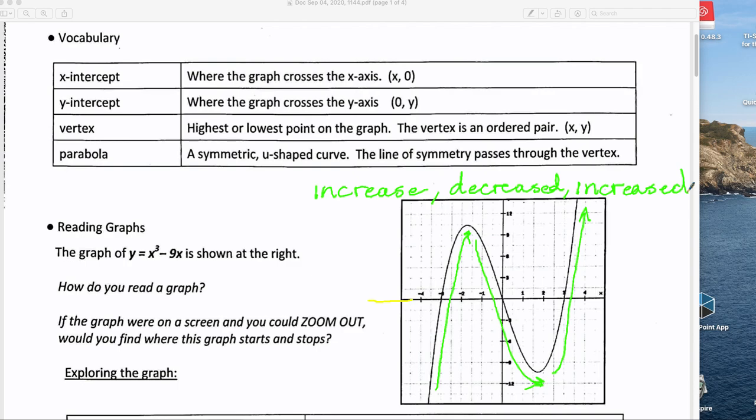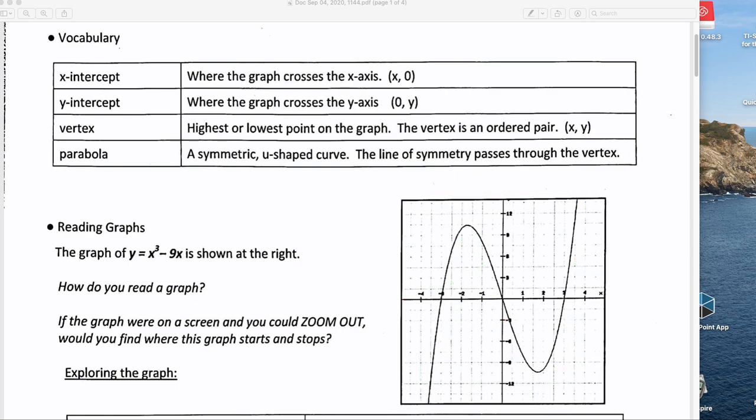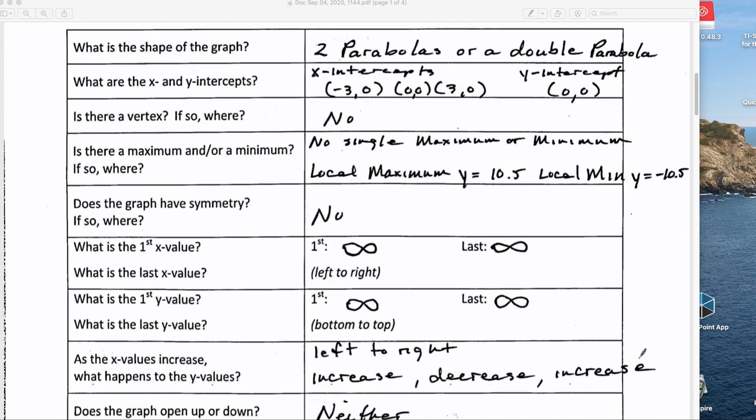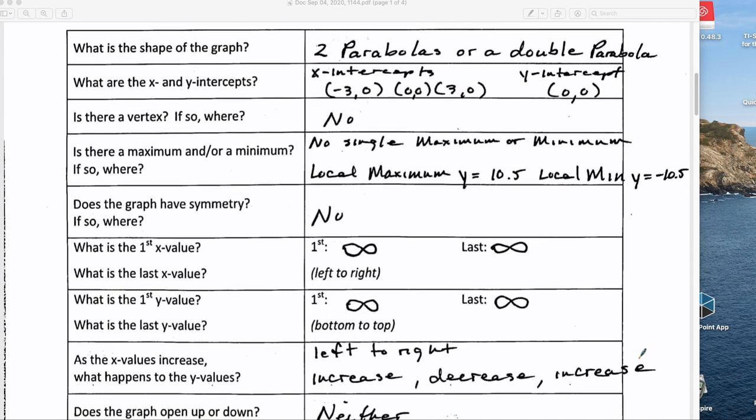So that's our first graph, and let's go ahead and check your answers before we move along, because I know this is difficult to do, to look at the graph and take notes at the same time. Here's the answers at the bottom of my page. So that's everything we wrote down.